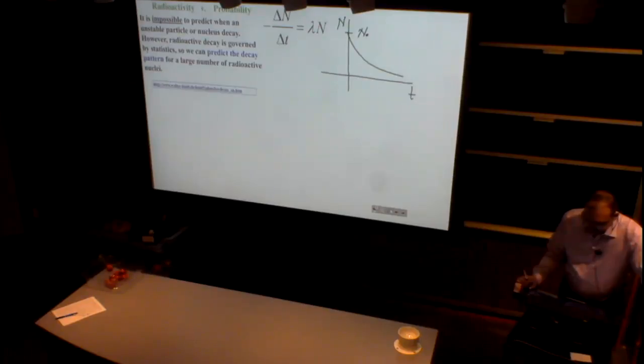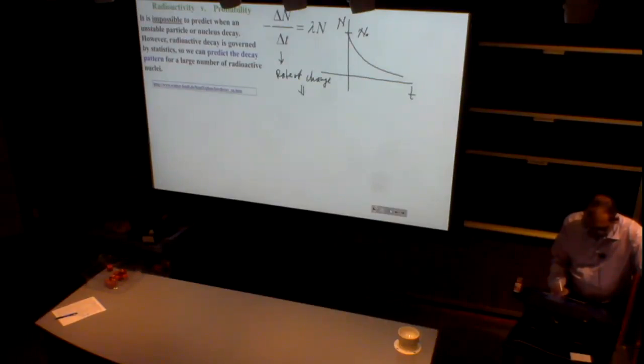And what is delta n? What is the rate of change? That is also called slope. And what is a slope? A slope is a tangent of a line. It is negative, as we can see, as it's supposed to be.